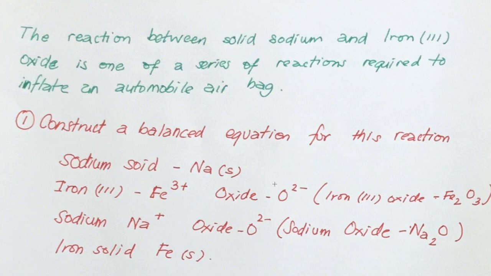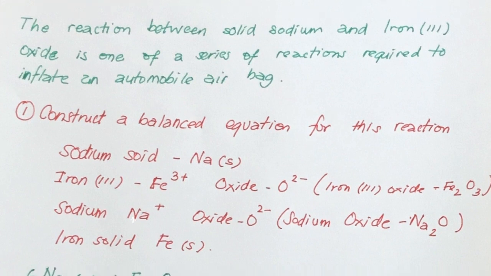Then the products of this reaction are sodium oxide and solid iron. So sodium oxide, Na positive, oxide O2 minus, sodium oxide Na2O. Again, what we're doing is just taking the positive one, putting it down here with 2 from here and pushing that over to the sodium to arrive at the formula for sodium oxide.